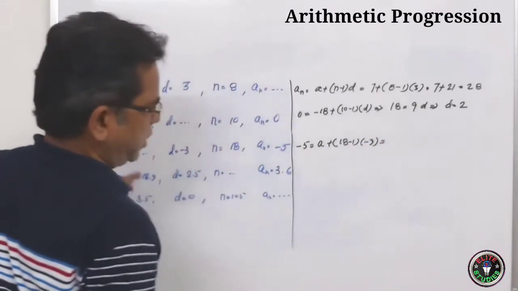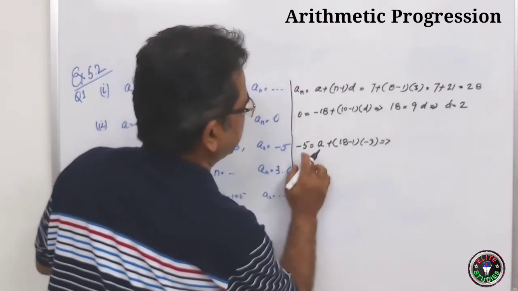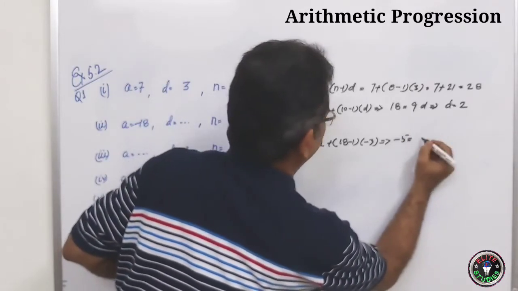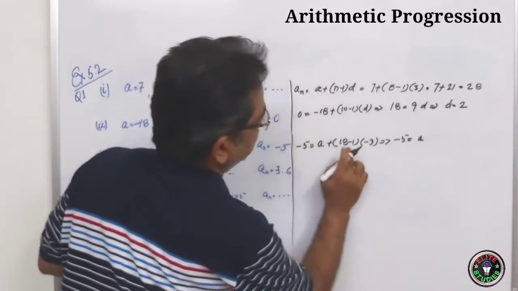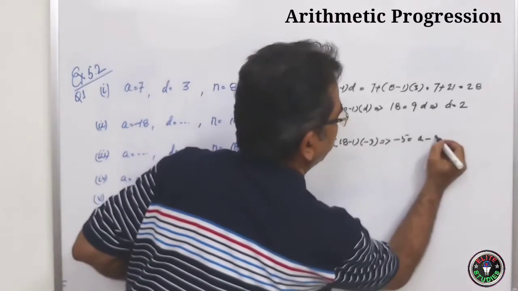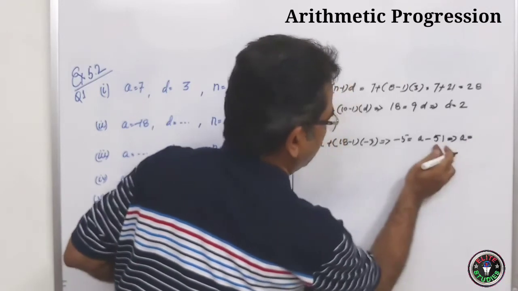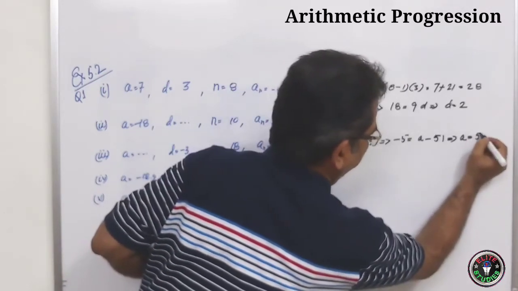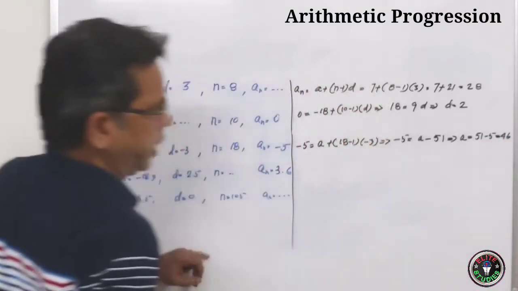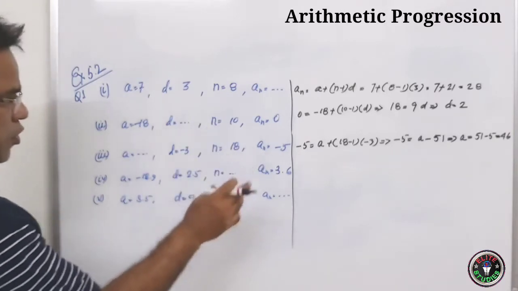So it will give you minus 5 is equal to a plus 17 into minus 3, minus 51. So it will give you a is equal to 51 minus 5, which is 46. You got a is equal to 46. Okay, very easy. You just have to substitute and get the value.